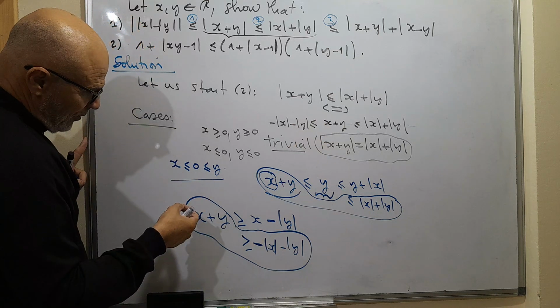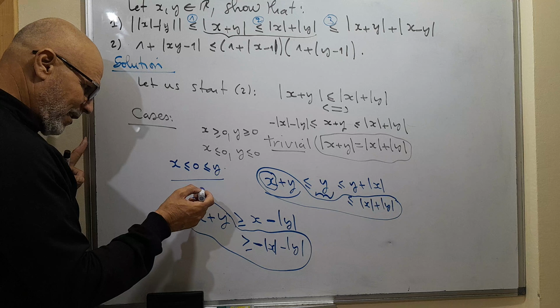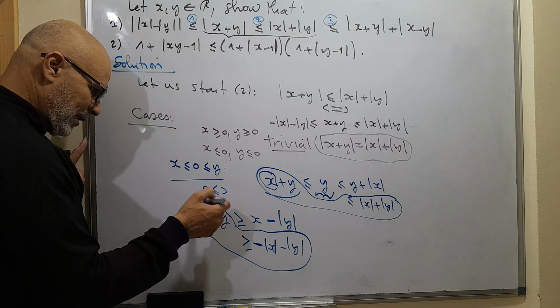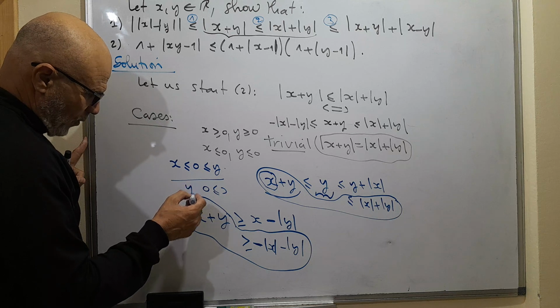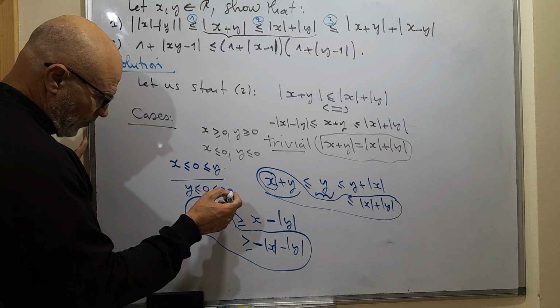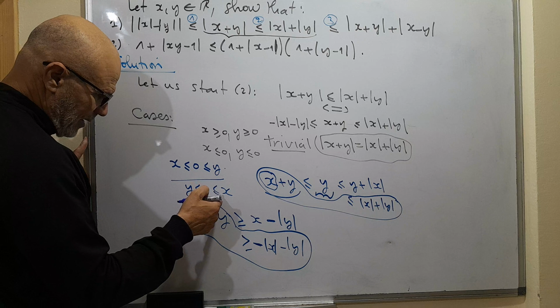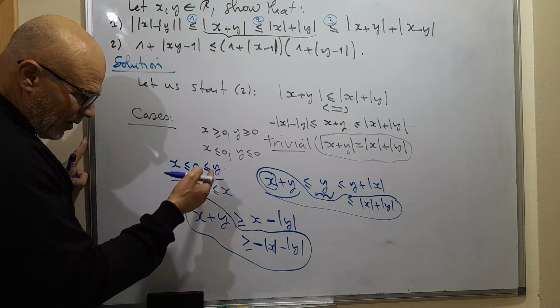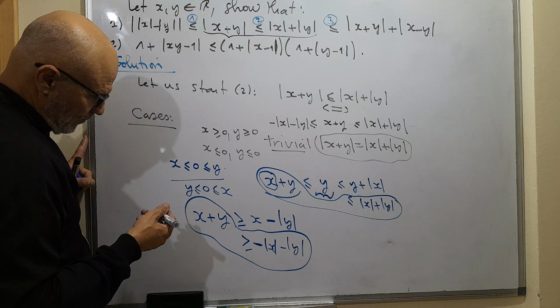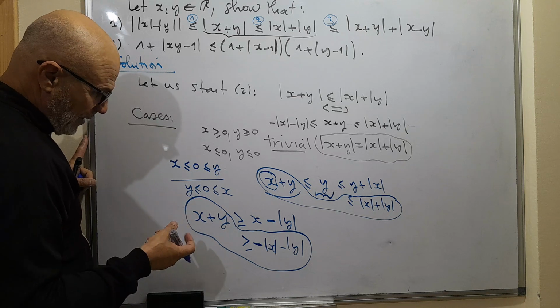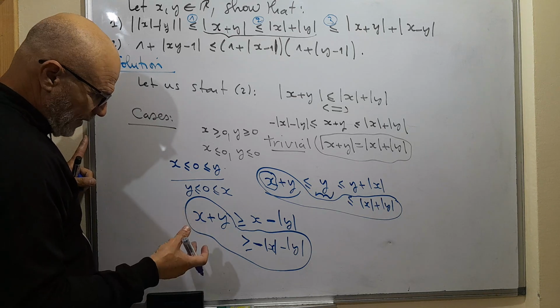The fourth case is y less than or equal to 0, and 0 is less than or equal to x. In this case, I am not going to solve it. Why?